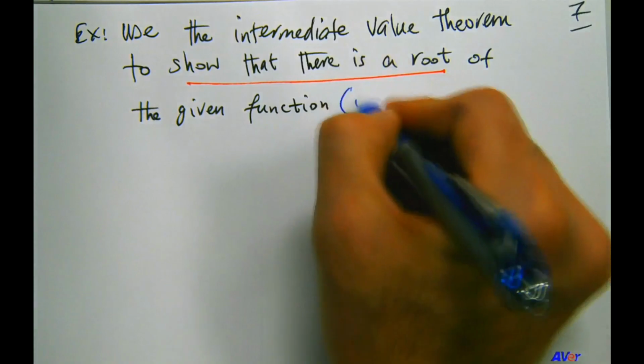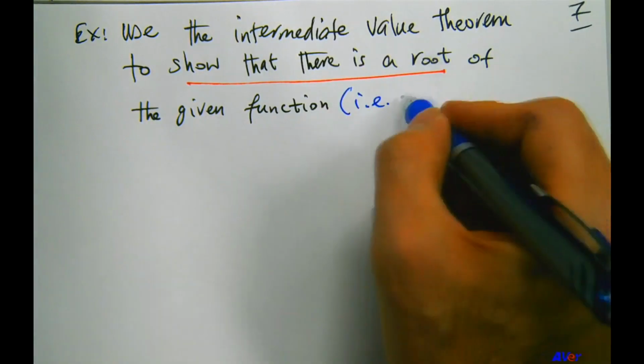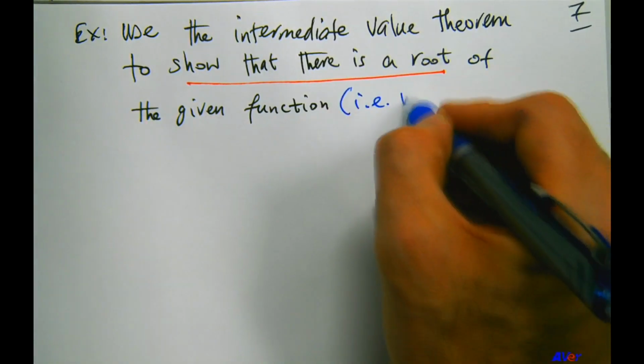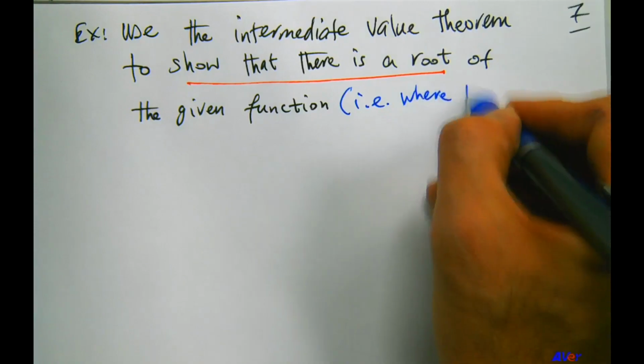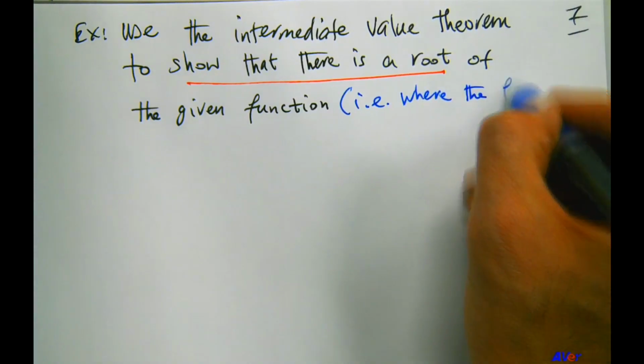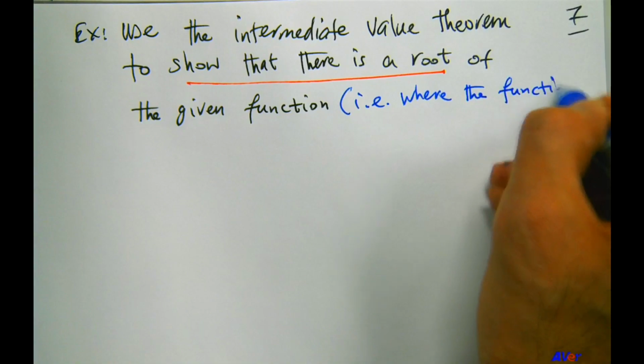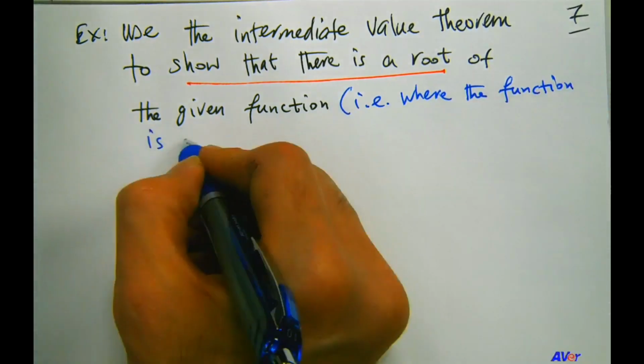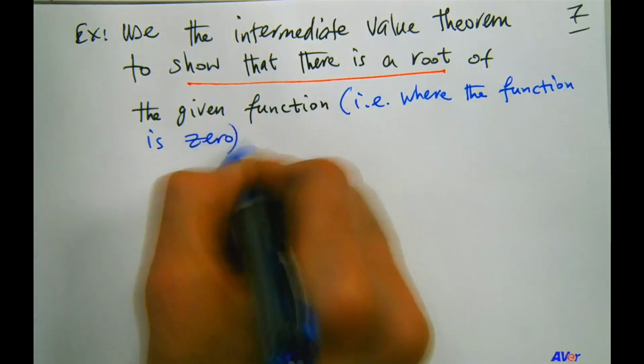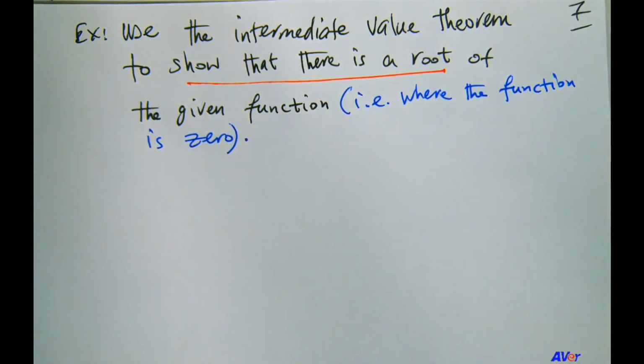i.e., the root of a function is where the function is 0, right? That's where the function value is equal to 0.